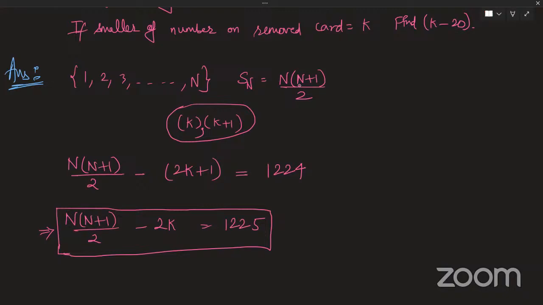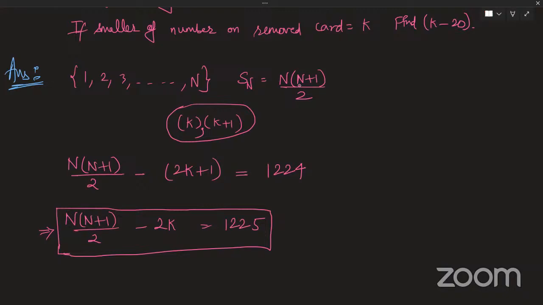It is 2k plus 1. So basically from n into n plus 1 by 2, I am subtracting 2k plus 1, and its value is 1224. So I have taken the 1 to this side, and the minus 1 becomes plus 1 on this side. So it is 1225.